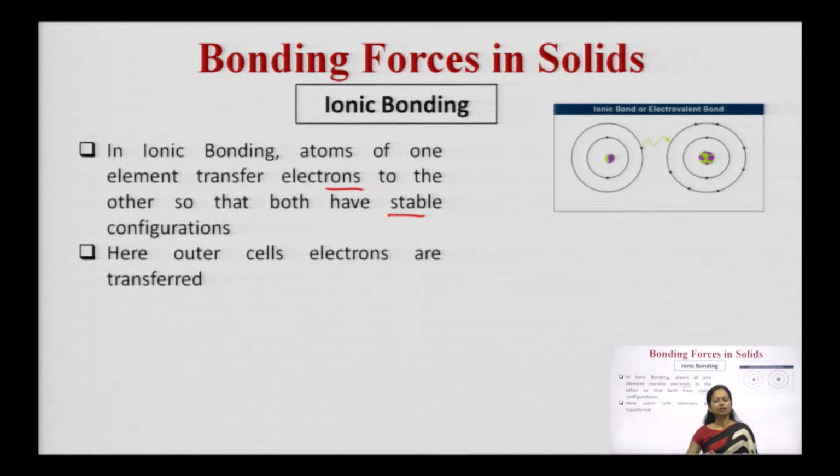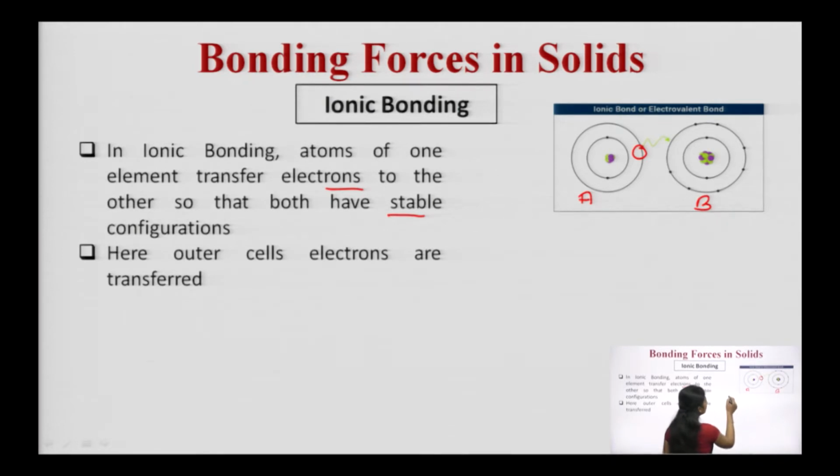No. Whatever valence electrons exist in the outer orbit are transferred to the other so that both will have a stable structure. In this diagram, if we say this is element A and this is B, you can see one free electron available in the outermost orbit of A; this electron is transferred to B so that A and B both have a stable structure.